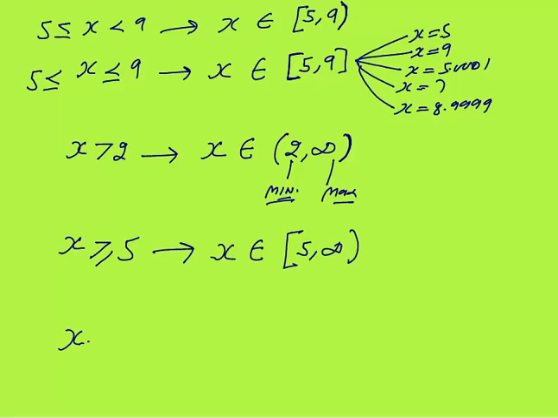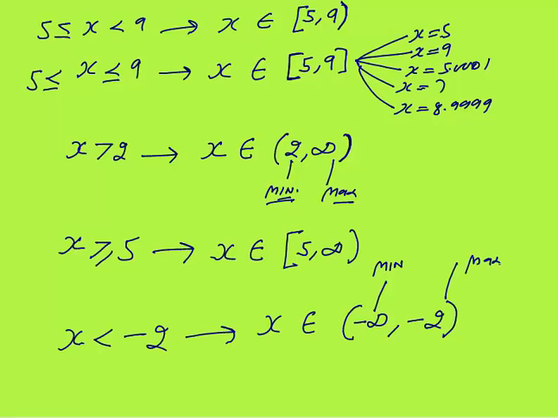What if x is less than minus 2? Less than minus 2 could be minus 3, minus 4, minus 5, minus 6, minus 10 crore, or up to minus infinity. So this is minus infinity to minus 2. As I told you, this is the minimum value and this is the maximum value of x.